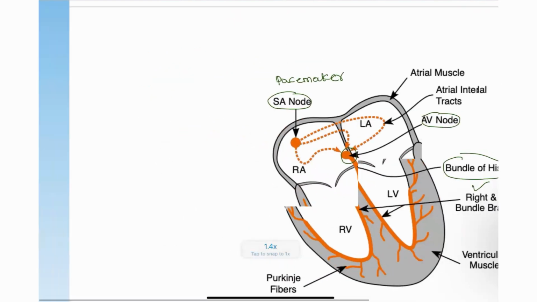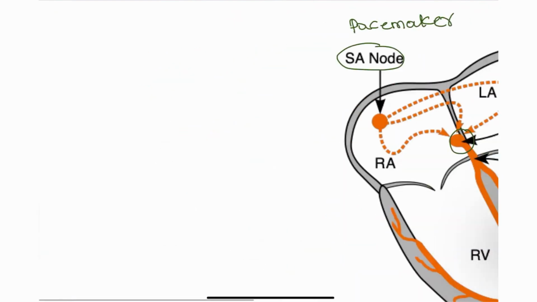So the route is clear here. It is first the SA node, then the AV node, and through the bundle of His it goes to the right bundle branches and the left bundle branches, so that all the ventricles get the signal.